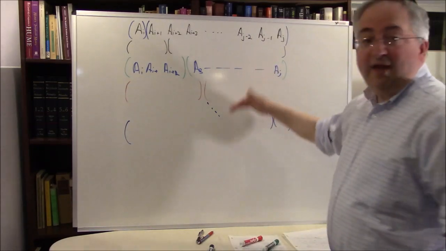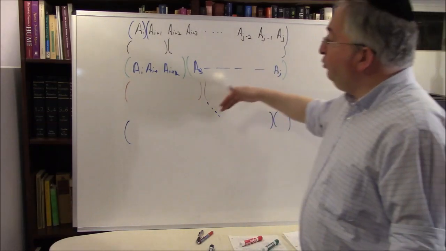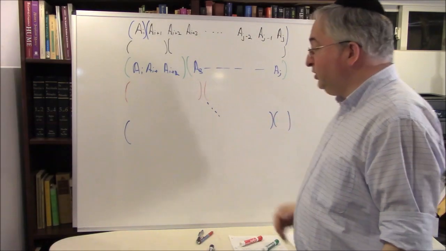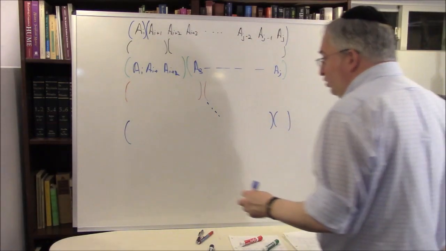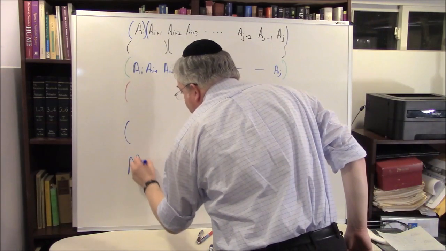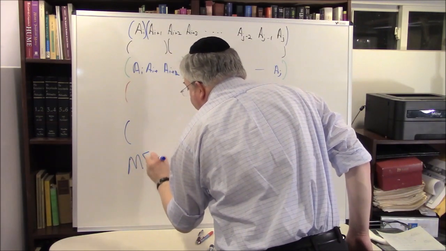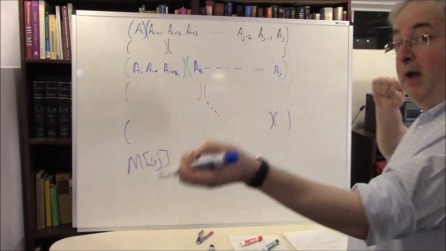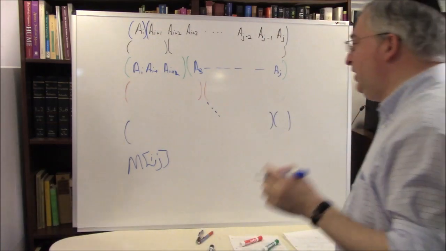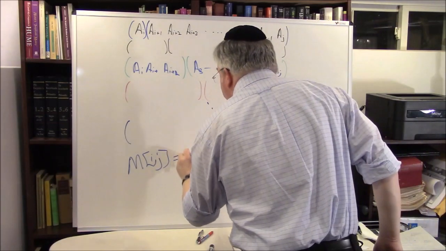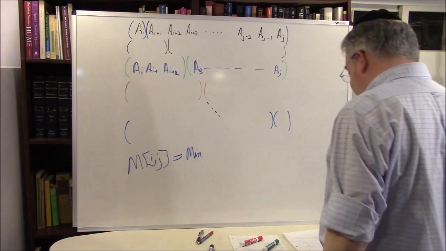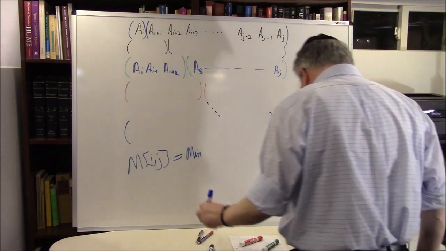You have all this previous information, and what you have to do in order to get the last information, in other words, which one to do, is as follows. So what you're looking for is Mij. How do you multiply all the matrices from AI to AJ? Answer: it's the minimum, the smallest, of the following.